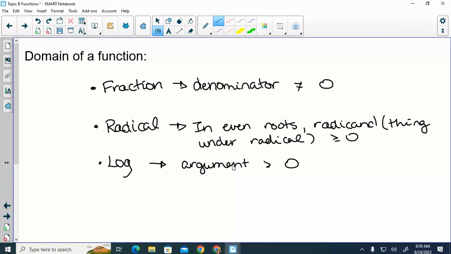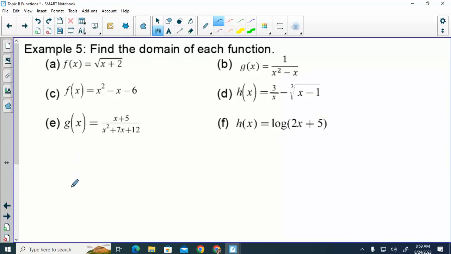When I'm asking you to find the domain of a function, we have to start out assuming it can be anything, and then look, is there anything we have to take out of this domain? So I've got a bunch of those for us to practice. A, if I have the square root of x plus 2, it's an even root because it's a square root. So what do we have to worry about in the radical?